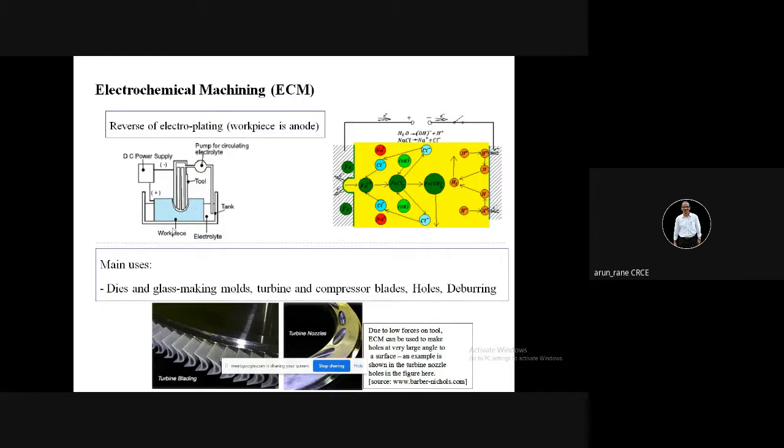Deburring means whatever burrs you get in conventional machining can be cleaned properly or nicely in electrochemical machining, so that you get good clean edges. One way of deburring is you can just do it by filing or grinding, but then there are chances that edges may get damaged. So electrochemical machining or even ultrasonic machining is popularly used.